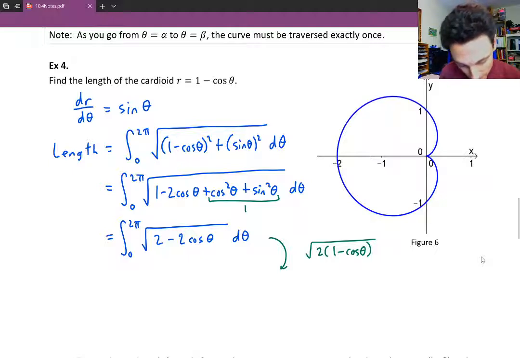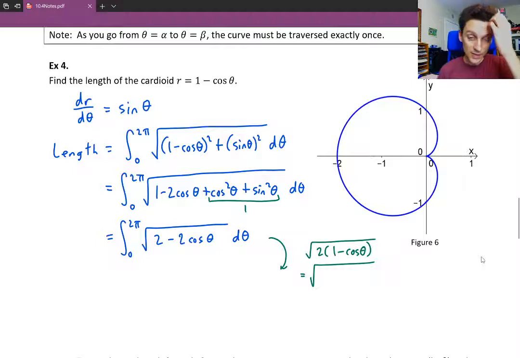Here we're going to rewrite the 1 minus cosine theta. We're going to put a 2 underneath there, which we can do by dividing by 2 and multiplying by 2 inside of the radical. So this will give us 4 times 1 minus cosine theta over 2.